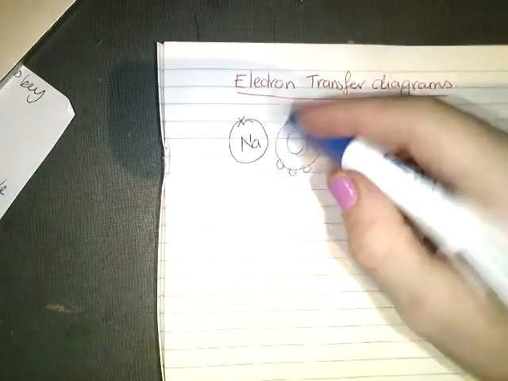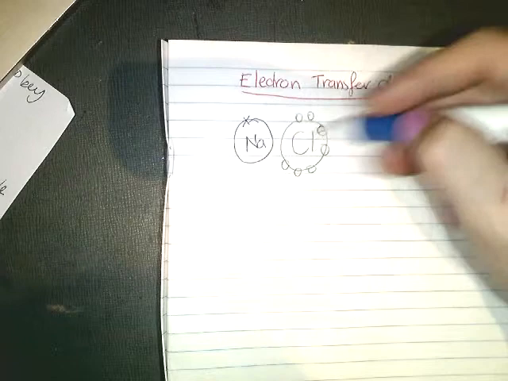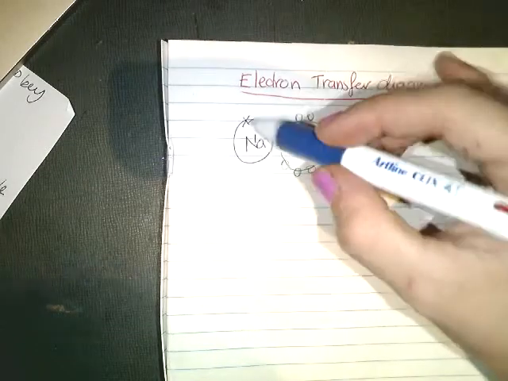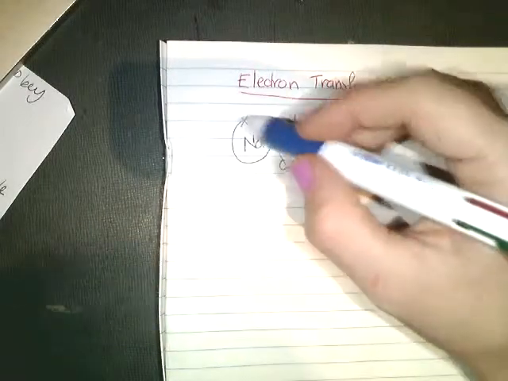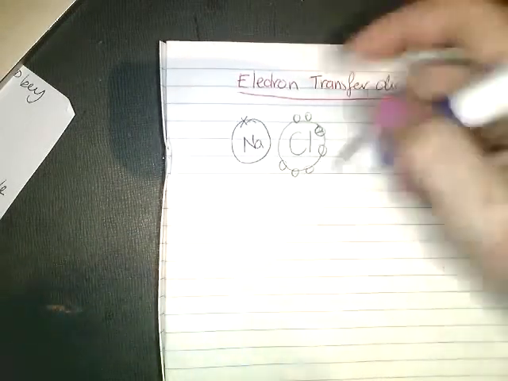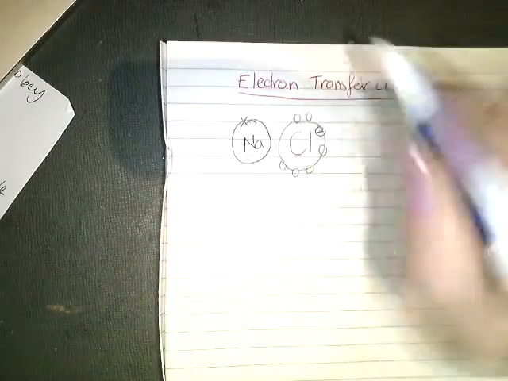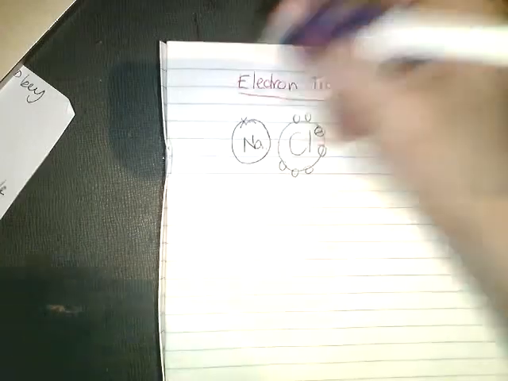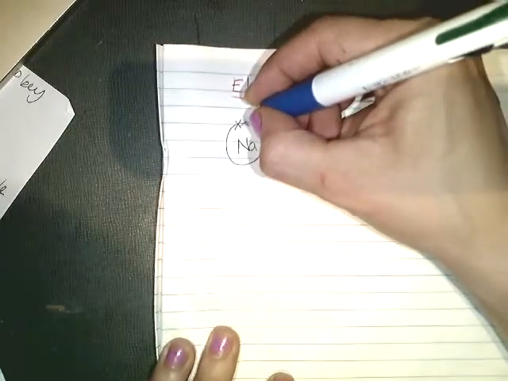Now, these are often called dots and cross diagrams because to determine where the electrons came from, you use crosses on one and dots on the other. It's always one type of metal bonding with one type of non-metal. Anyway, we've got sodium here. It wants to lose that electron, chlorine wants to gain that electron, marriage made in heaven.